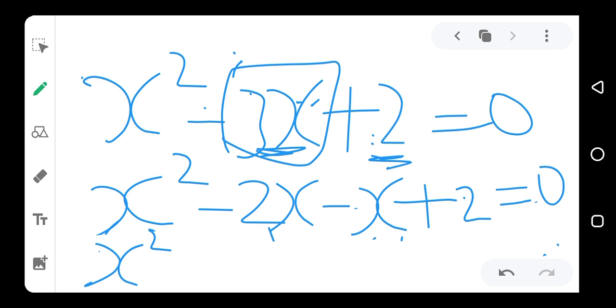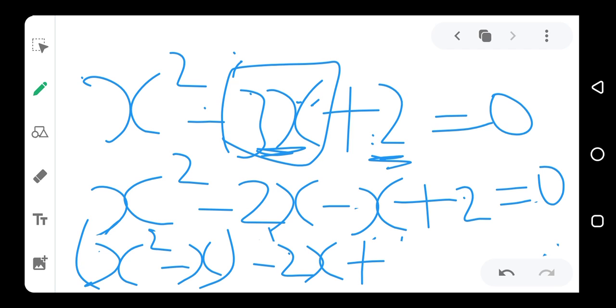The ones that contain x squared, let them be together, and the ones that do not, let them stay together. So x squared minus x, then minus 2x plus 2 is equal to 0.